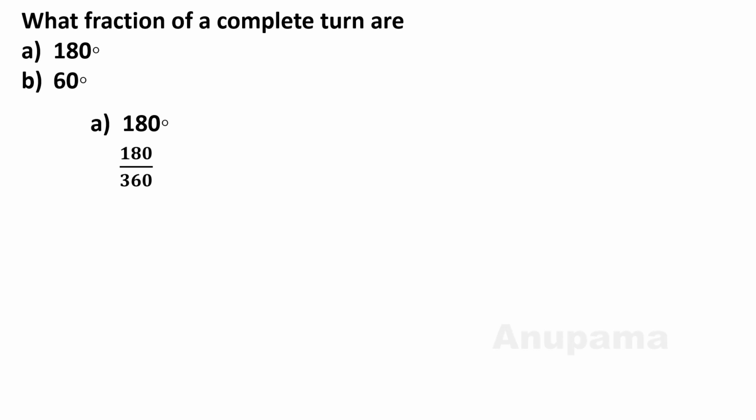Solve it. 18 ones are 18 and 18 twos are 36. It means 1 by 2. So the fraction of a complete turn for 180 degrees is 1 by 2. Second is 60 degrees. Again for the fraction, 60 degrees by 360 degrees, and when we solve this, it is 1 by 6.